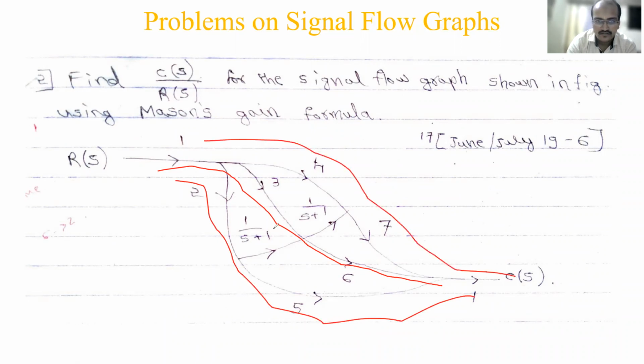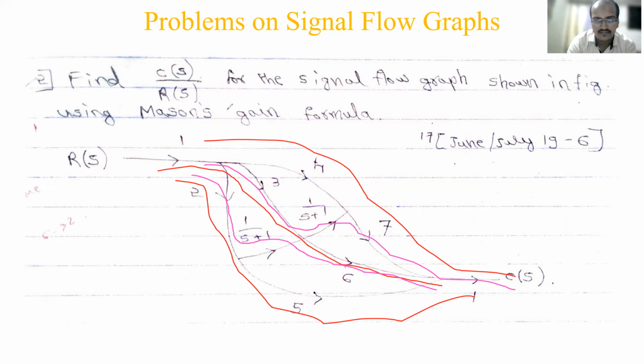Then you have this one, 2, 1 by S plus 1, 6, this path. Another is this one, 3, 1 by S plus 1, 7.